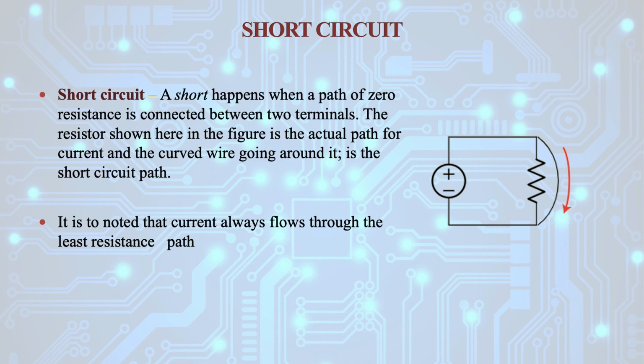So here you can see one resistance is connected, and across the resistance one wire is connected which has zero resistance. So whenever voltage is applied across this resistance, current will always flow only through the least resistance path. So it will behave like a short circuit, because the current flowing through this circuit is I equal to V upon R. In this case, the equivalent resistance is zero. So the current is infinite, that is, infinite current will flow through this circuit.